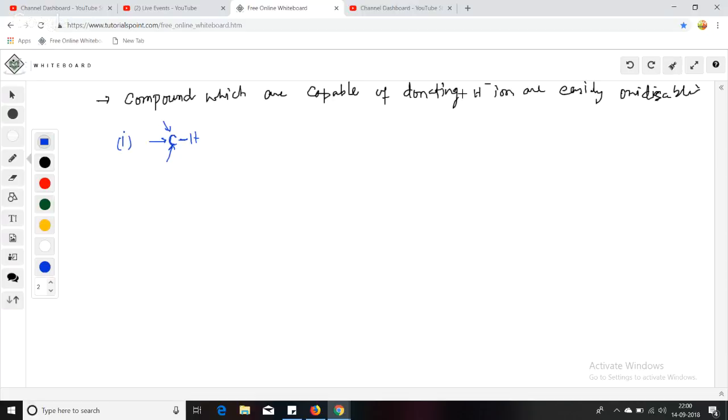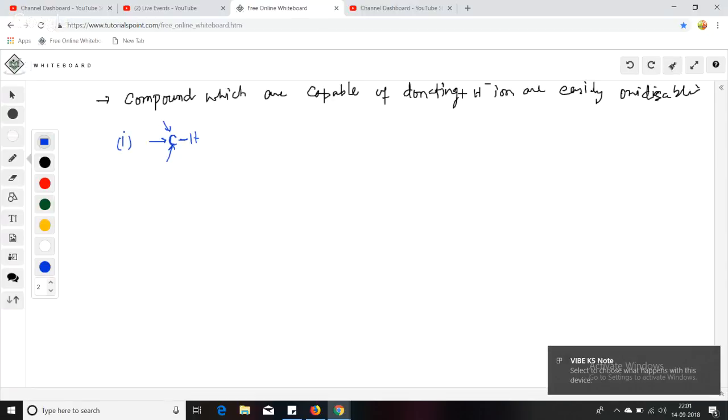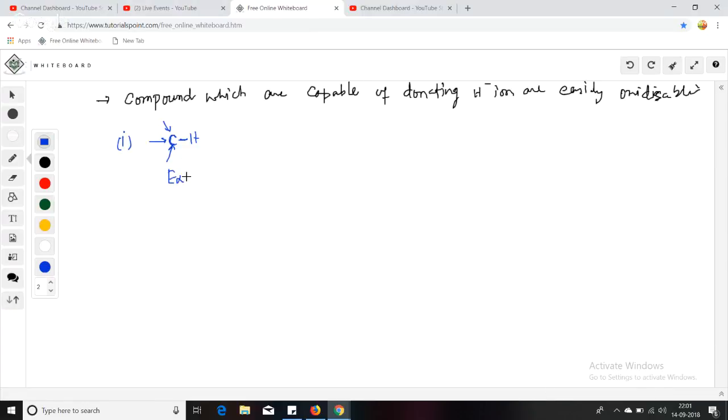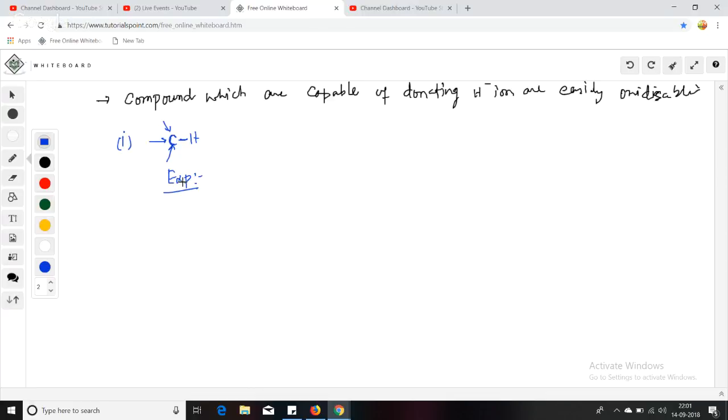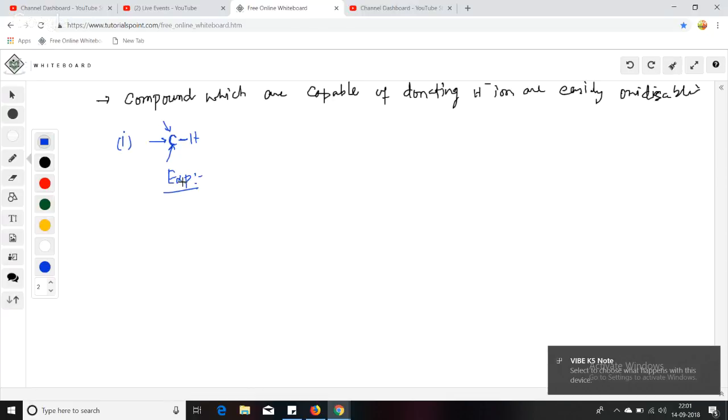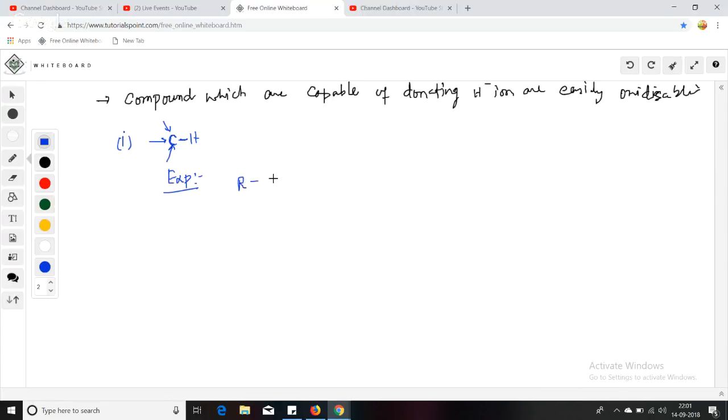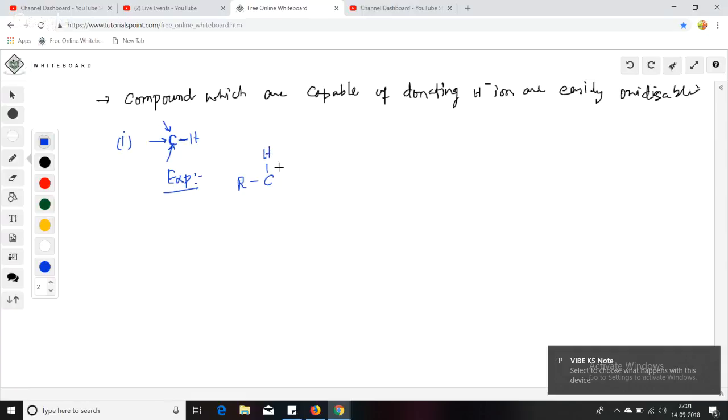Now, if a dianion is present, it is easy for that carbon atom to donate hydride ion. Suppose I write down the example here, taking a dianion: R C H O minus O minus.